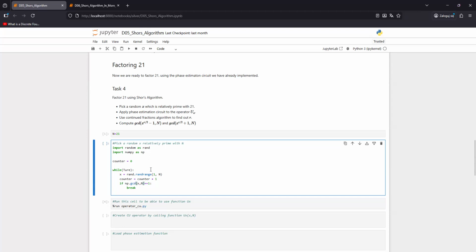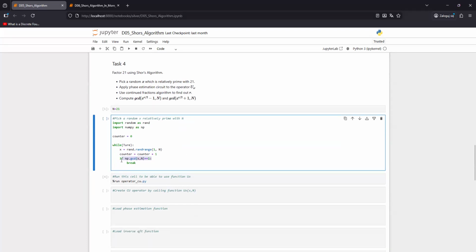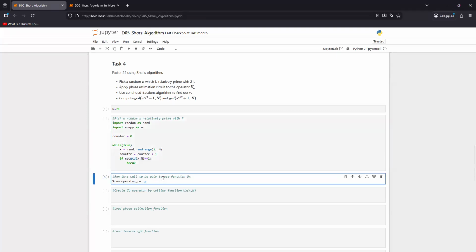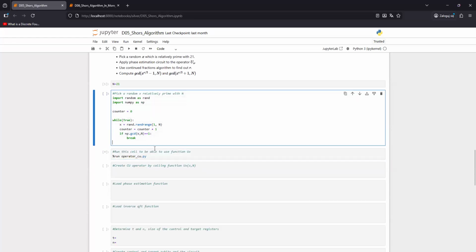So we don't even need to launch Shor's algorithm if this condition is not met. But here, since we want to use Shor's algorithm, we just want to make this condition true. So this is just for us to be able to use Shor's algorithm.